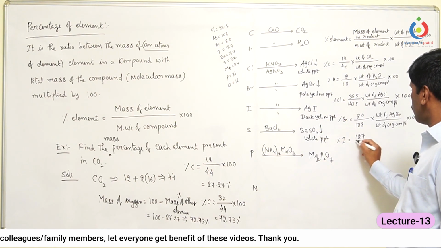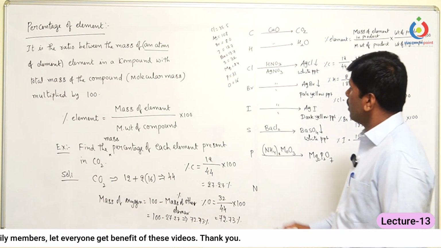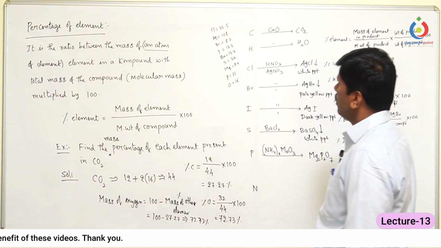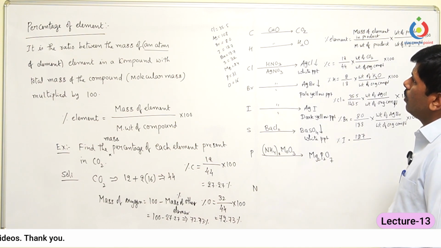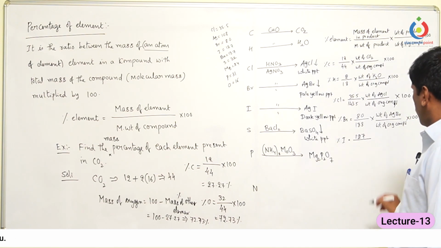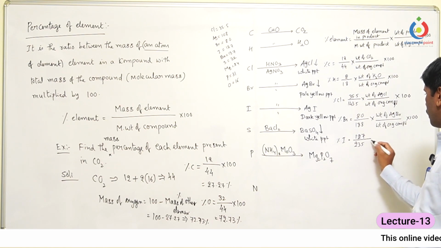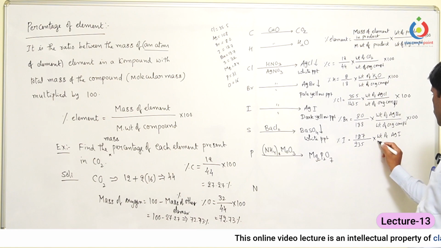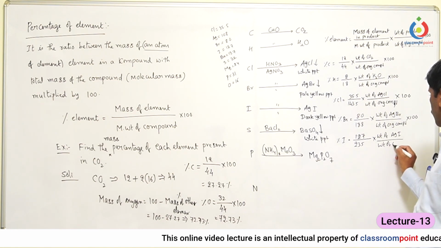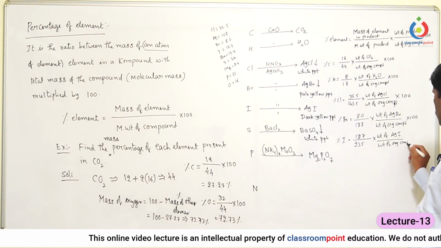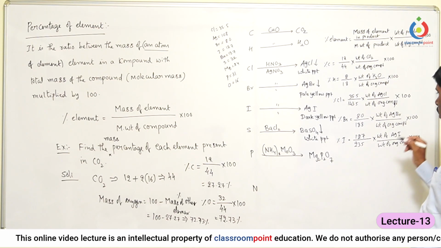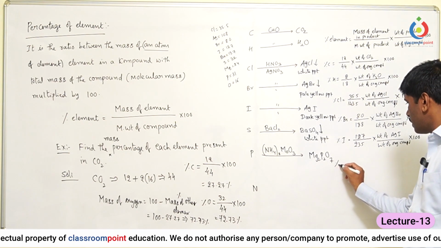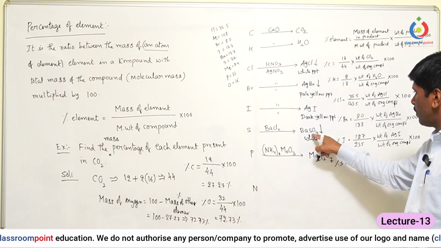Atomic mass of iodine is 127 divided by silver 108 plus 127, which is approximately 235, into weight of AgI divided by weight of organic compound, into 100.